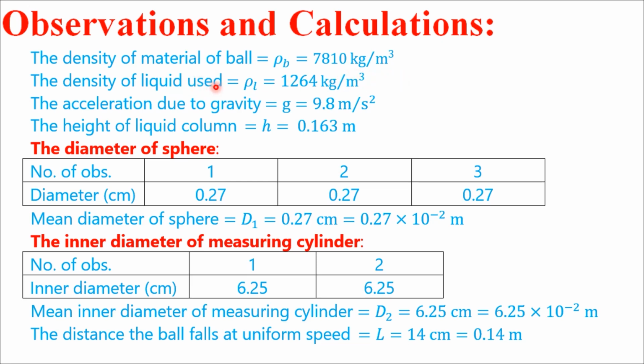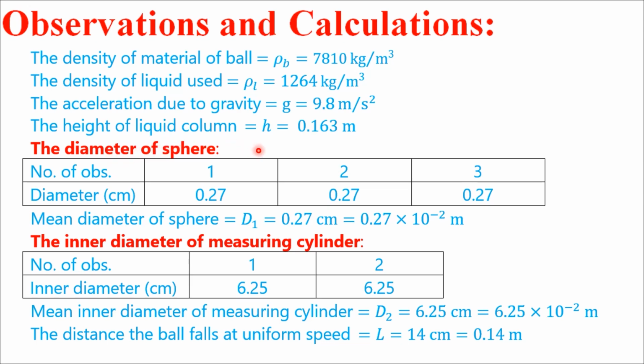The density of liquid chosen in the experiment is 1264 kg per meter cube. As we have used glycerine in this experiment, so this is the density of glycerine at 15.25 degrees centigrade. The acceleration due to gravity has a constant value which is g equal to 9.8 meter per second square.